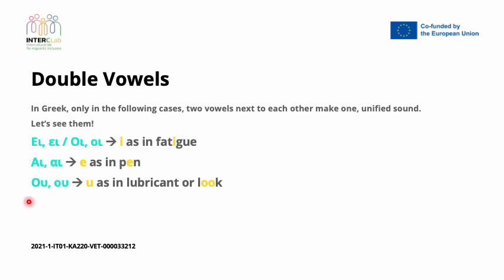So O and E together make U, like lubricant or look. These are double vowels, so even though they're two letters, two vowels next to each other, they make one unified sound. Please take some time to write them down and pronounce them on your own.